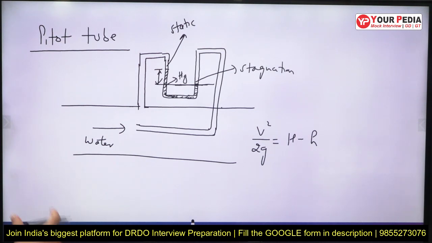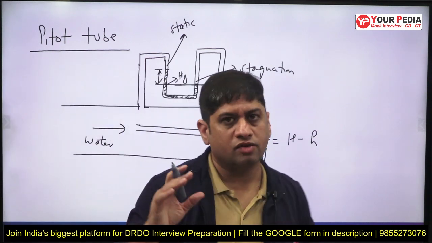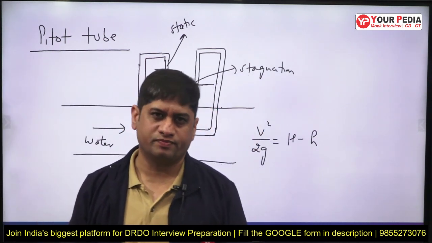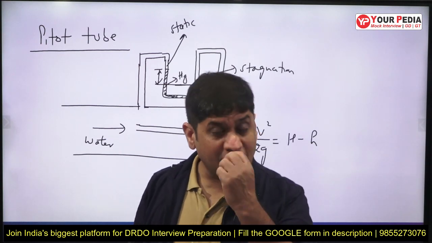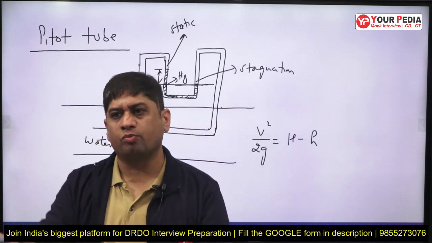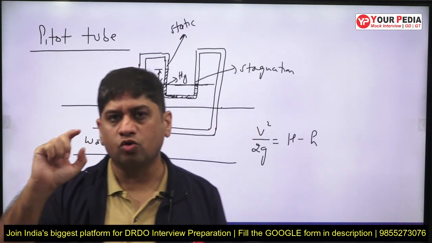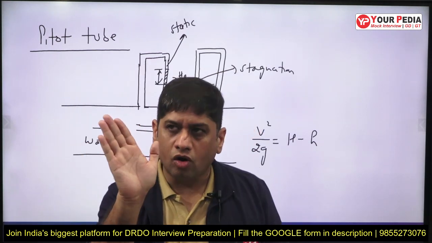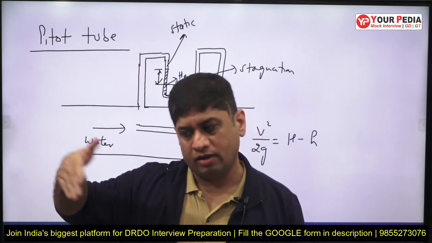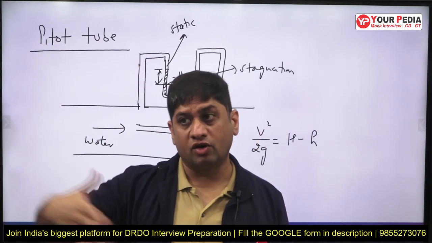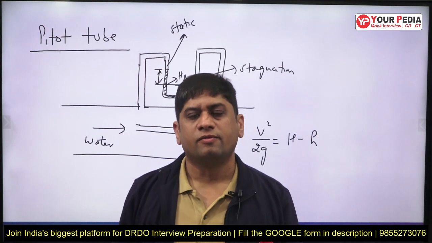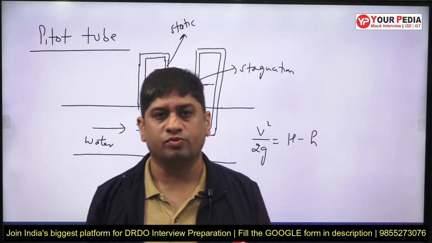That means pitot tube is used to find out the velocity of flow of a fluid. Now if you go on the internet and search how the speed of aeroplane is measured, or type pitot tube on Google, you will see that outside the window of the pilot, on the front side of the aeroplane, there is a small pitot tube.